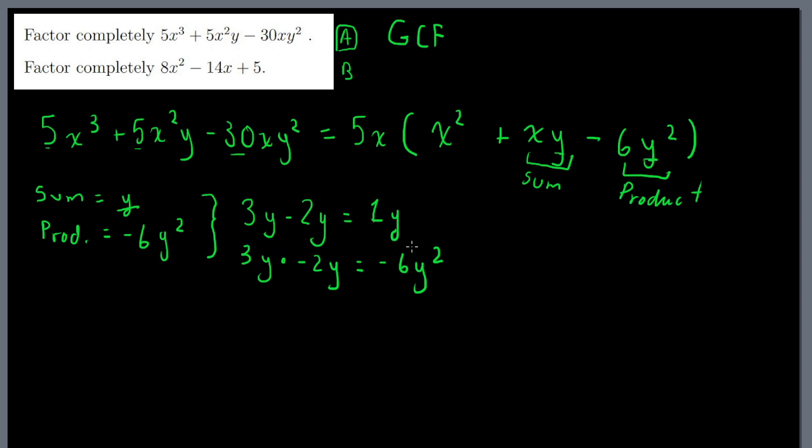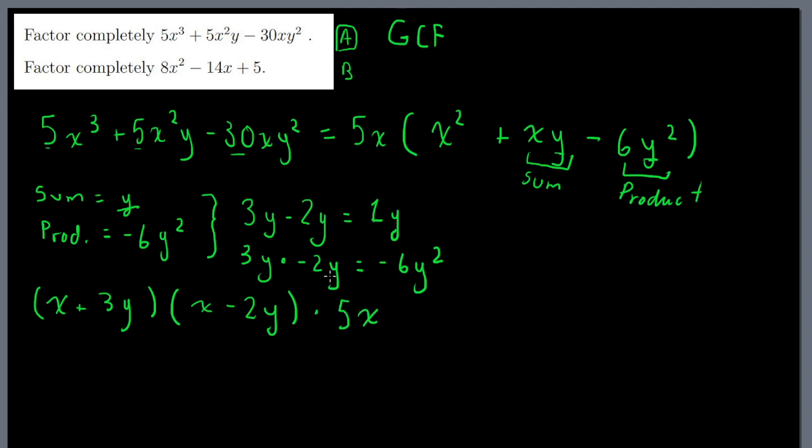So now that we have our sum and our product, we get to write this down. Our sum and our product will be x plus 3y, and then x minus 2y, times 5x.